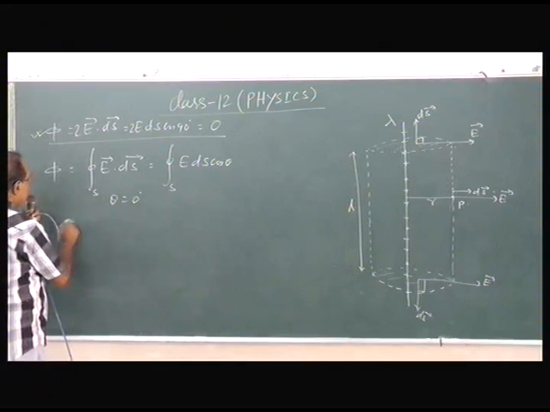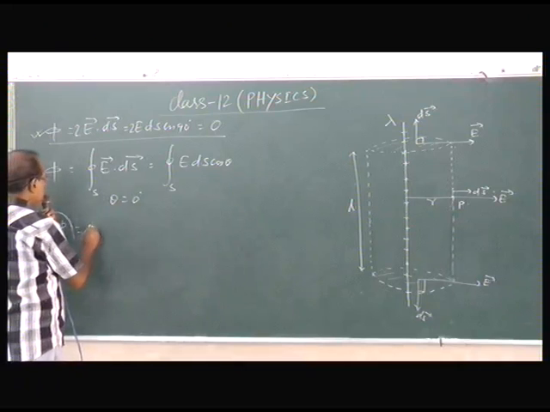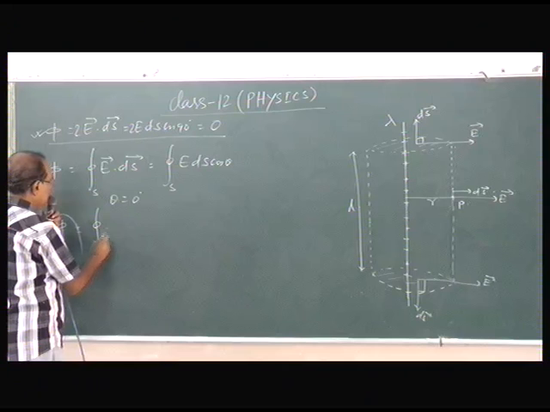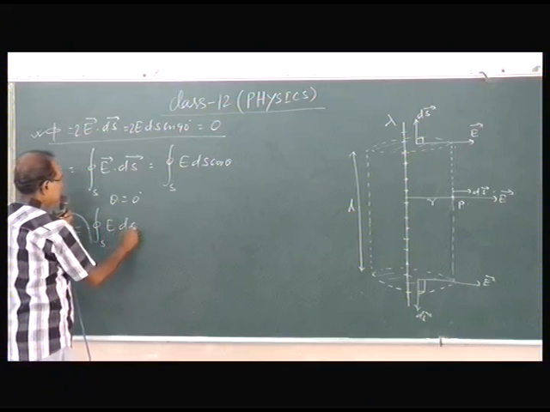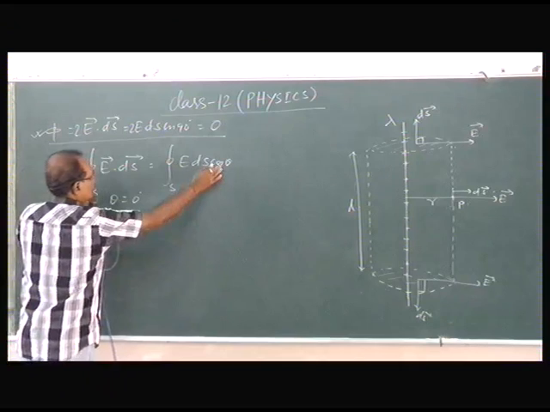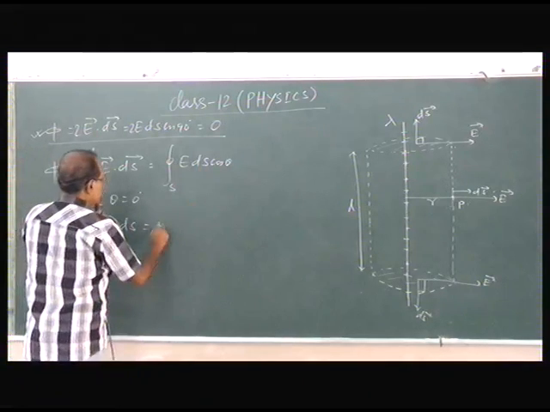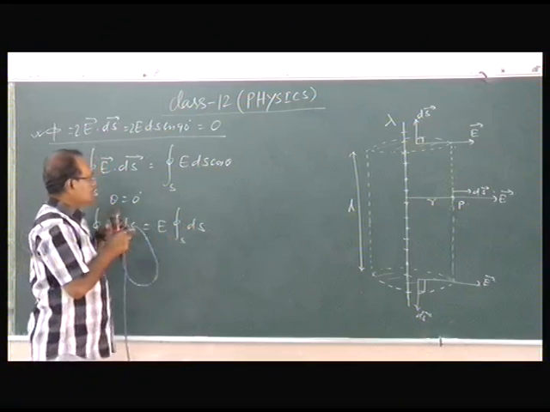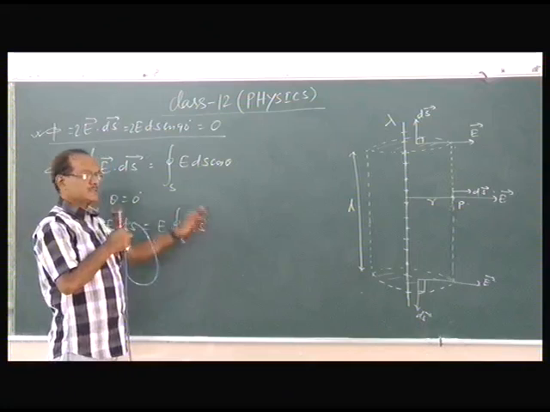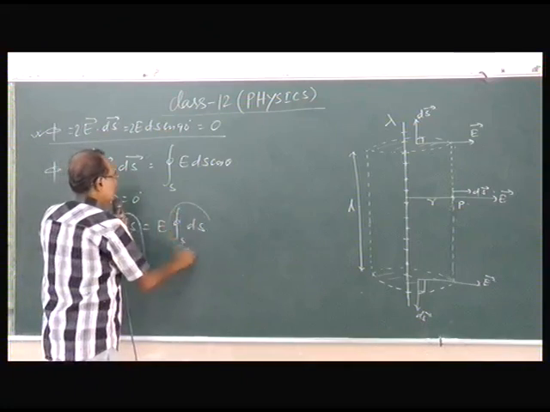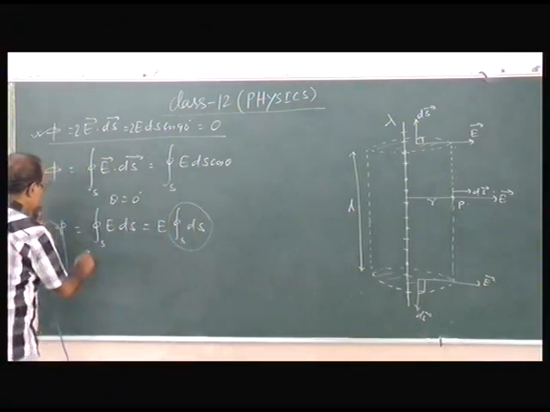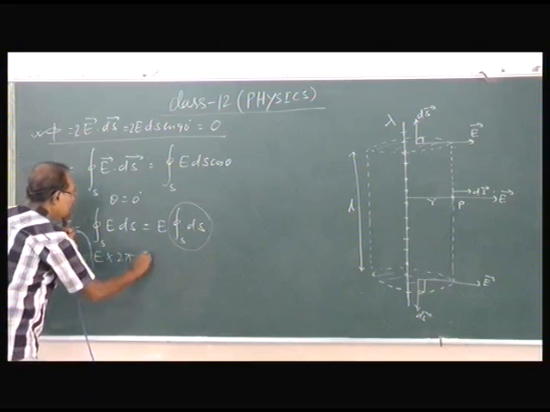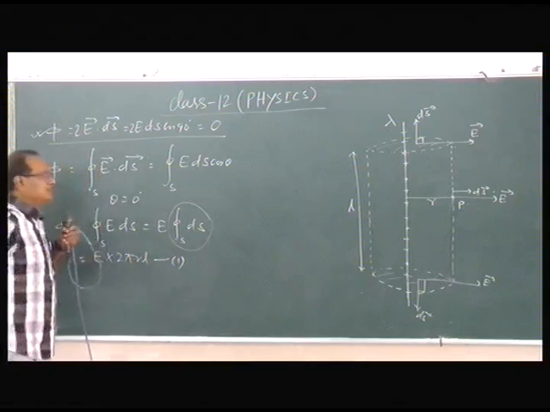So phi is equal to integral E ds, because cos 0 degrees is 1. This is the total curved surface area, so phi equals E into 2 pi r L. This I am writing as equation 1.